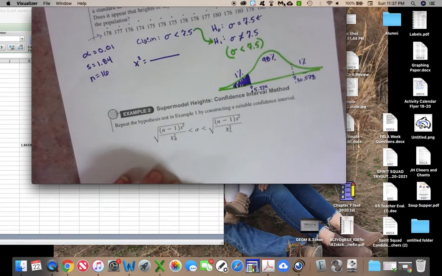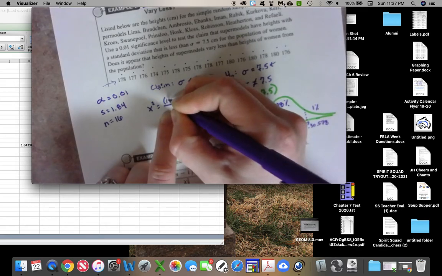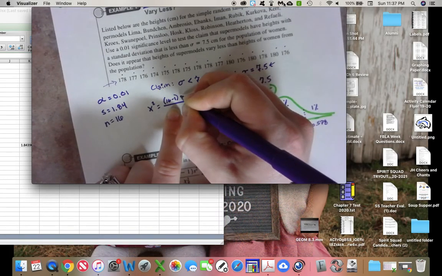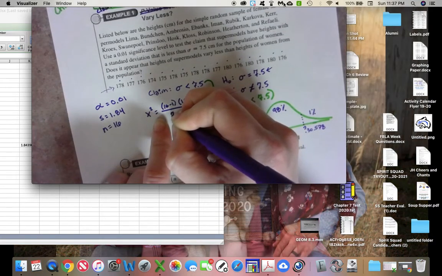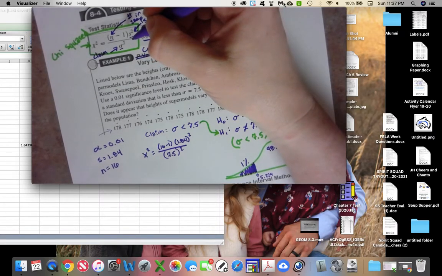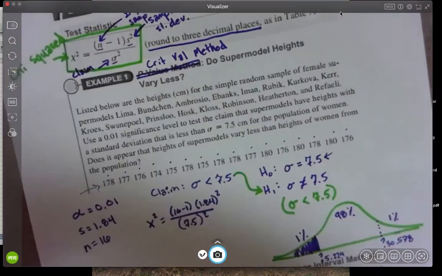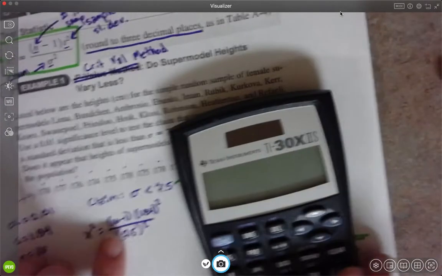All right, now let's go ahead and input them. So 16 minus 1. S is going to be 1.84 squared, and then 7.5 squared. Okay, I'm just plugging this into this formula up here. All right, now let's go ahead and type that in. I'm going to do 16 minus 1 in my head.